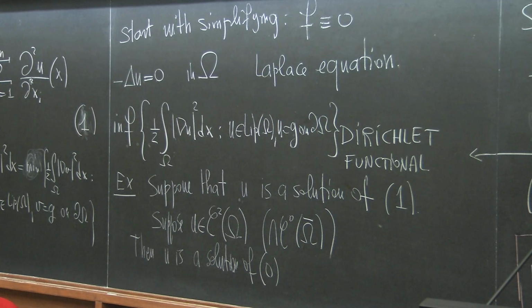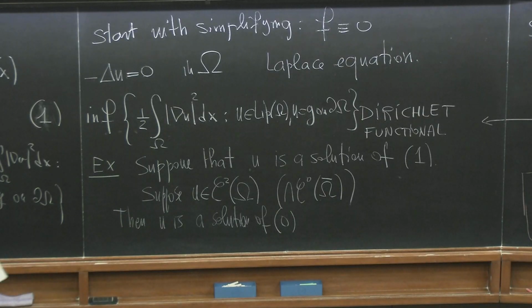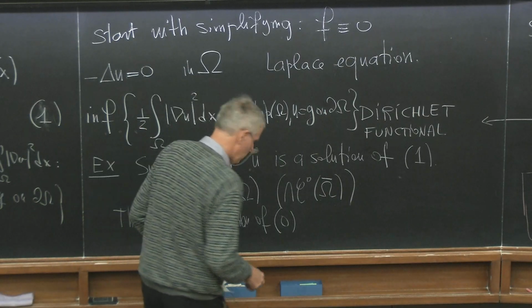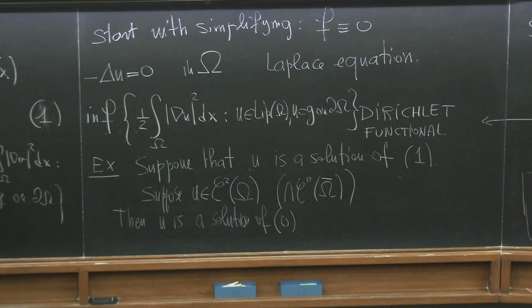This is a first initial relation between solutions of the semi-classical approach and solution of the classical approach. So can you see what you would do in order to prove this remark?